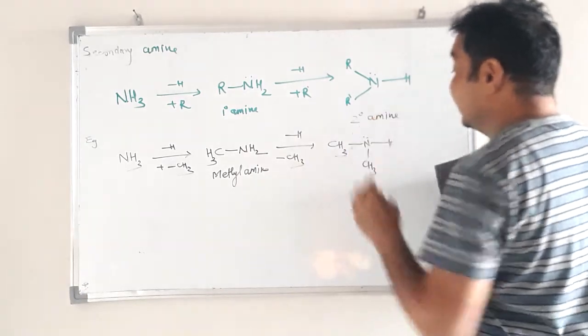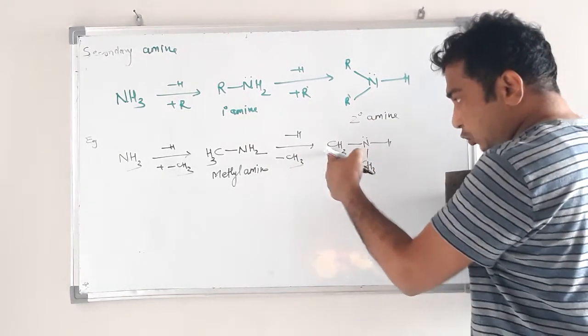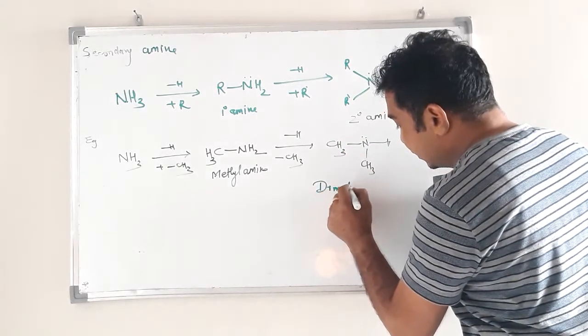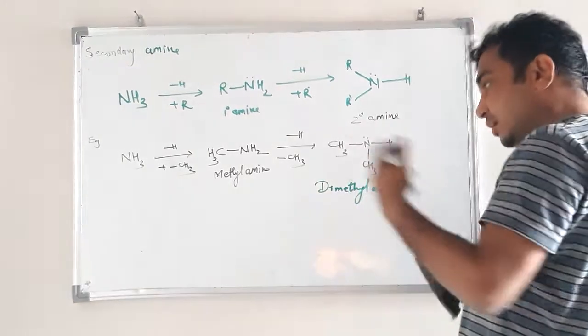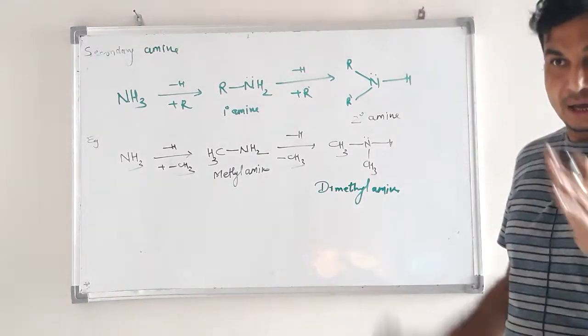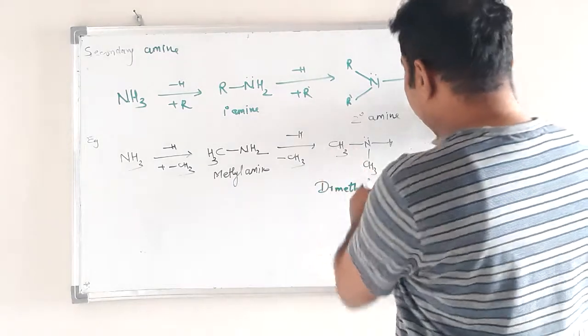Its name is dialkyl amine, because both alkyl groups attached to nitrogen are the same, therefore dimethylamine. If they are different, then write the alkyl groups separately, alkyl, alkyl, amine, in alphabetical order.